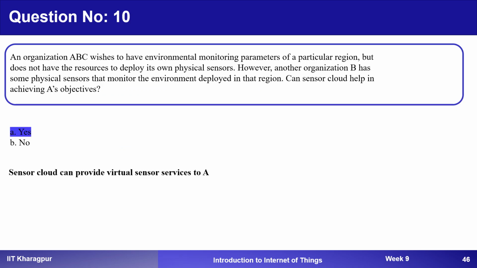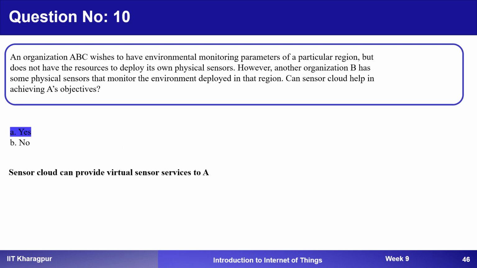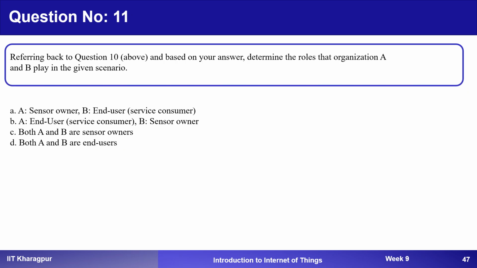Have you read the statement? Basically, A does not have sensors and B has physical sensors. Now you have to tell exactly which one is end user and which one is sensor owner.